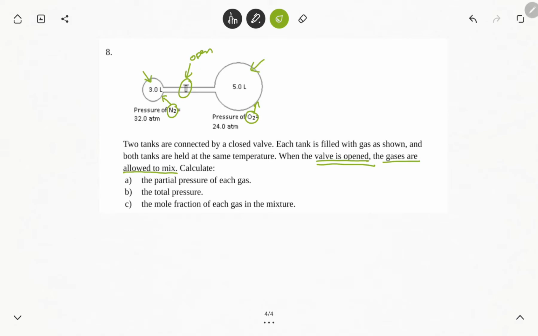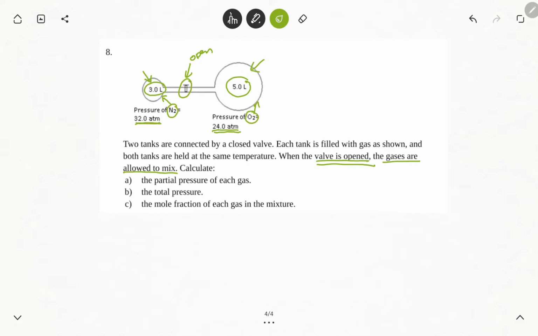Initially, before the valve is open, the volume of this tank is 5 liter, so the partial pressure of oxygen gas is 24 atm. For nitrogen gas, the volume of the container is 3 liter, so the partial pressure of nitrogen gas is 32 atm.